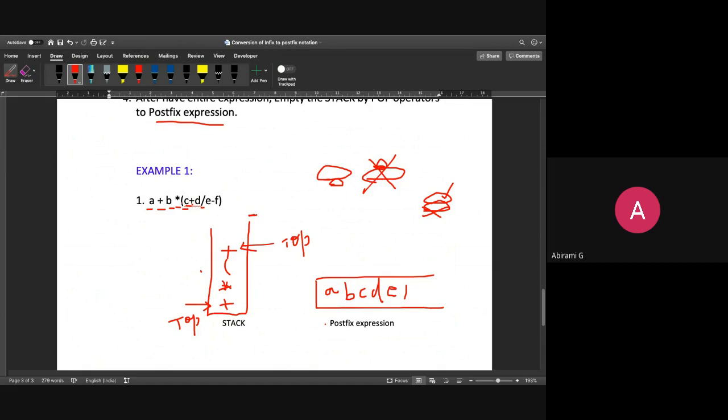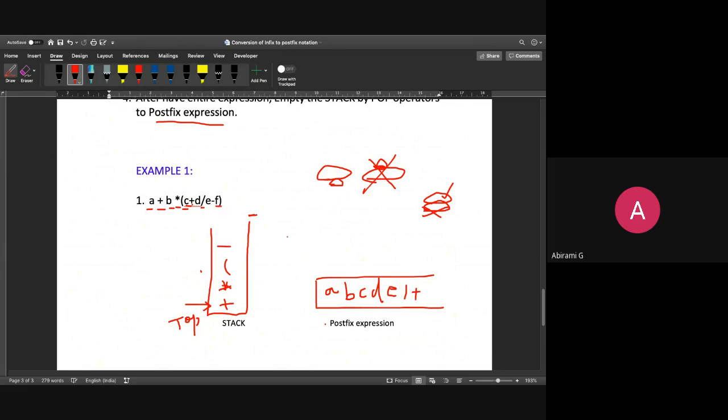So if both are equal, we can directly remove the first one. We pop it out and place it into the postfix expression string. Then what is the top of the stack now? The top of the stack now is an open bracket. So we need not check anything. Directly we can place minus here.